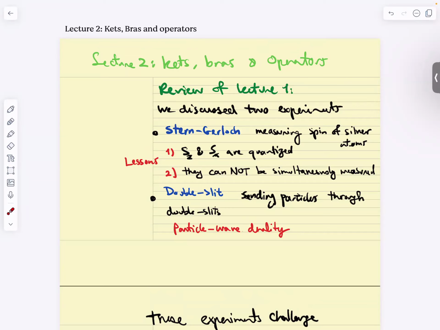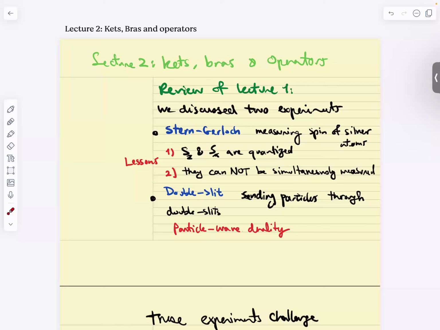And all right, so what were these experiments? The Stern-Gerlach experiment was a measurement of spin. So we, for example, said we're shooting silver atoms. Silver atoms have spin, an intrinsic magnetic moment that some atoms have. And we were sending these through magnetic fields, and because the magnetic field had some gradient in, for example, z direction, the atoms with different spins would respond to this.